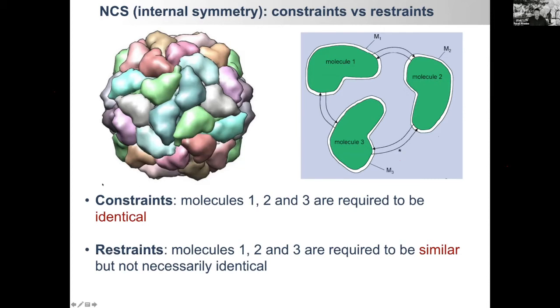And in that case, you would be using constraints. So that's the important difference between restraints and constraints, because I keep seeing people misusing these terms, and I felt like I should mention what the difference is and why.